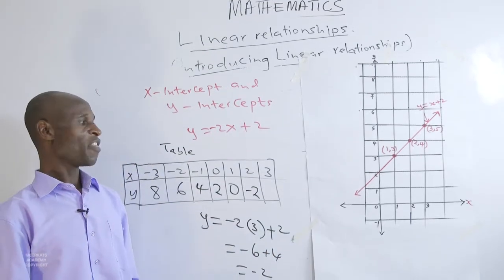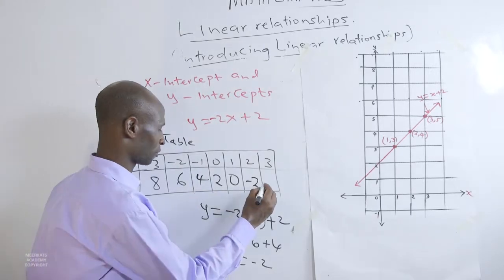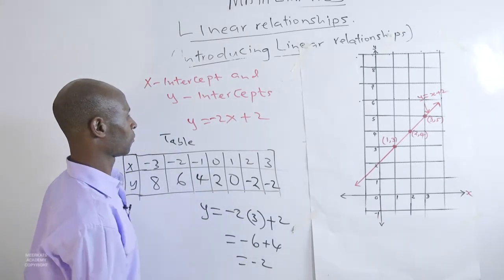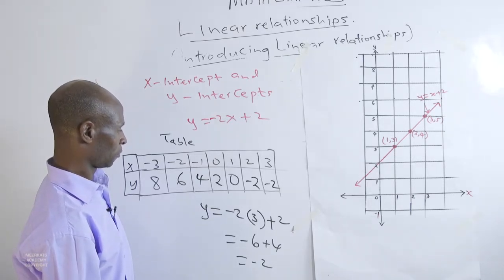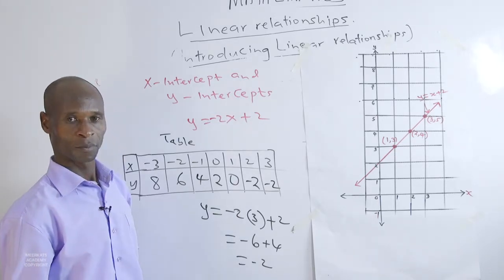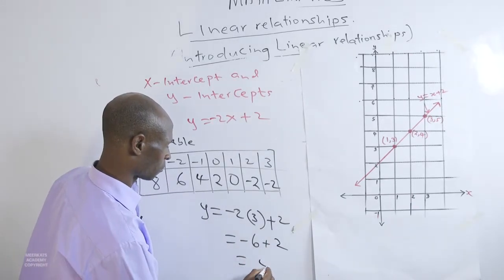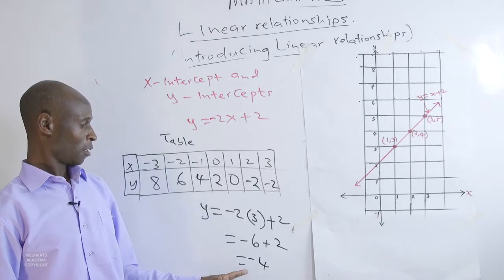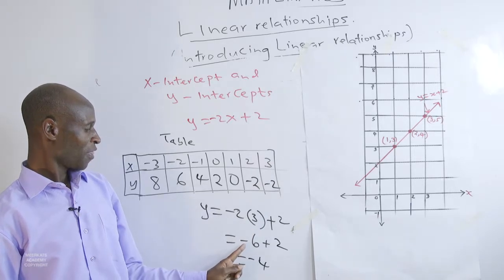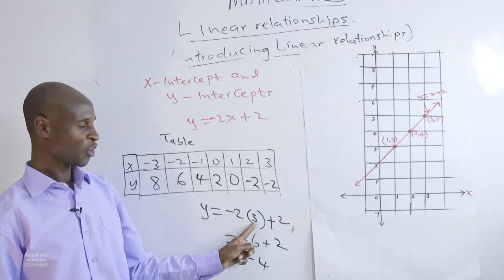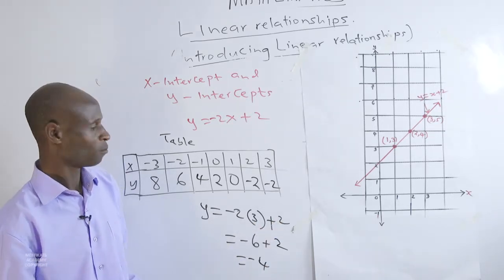When the x value is 3, the y value is -2 times 3, which gives you negative 6, plus 2, which gives us negative 4.